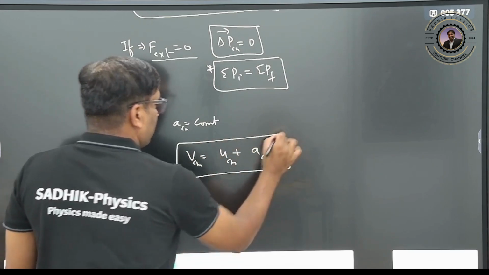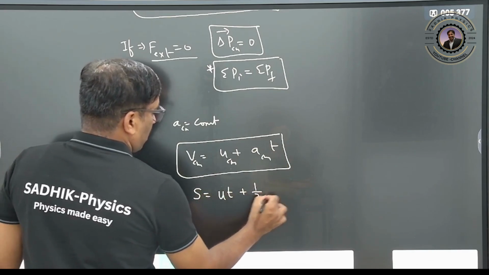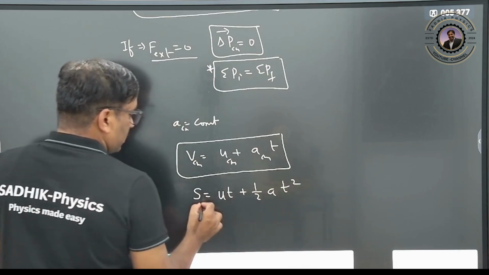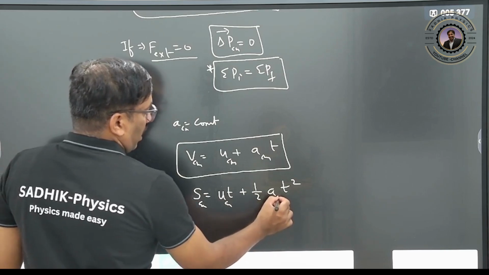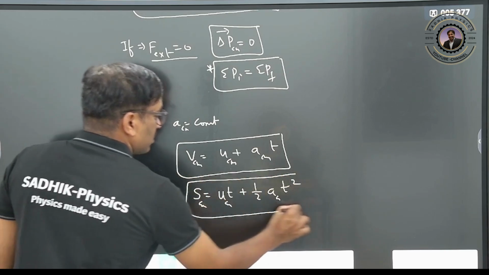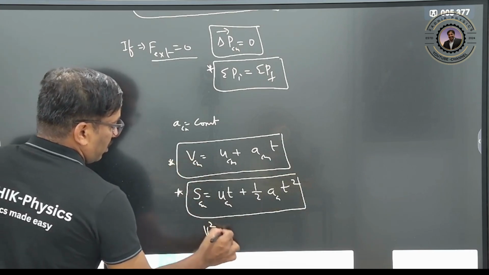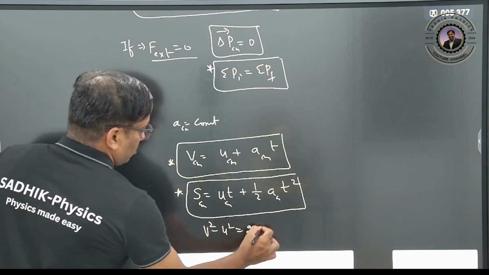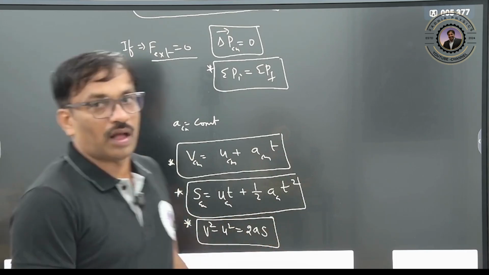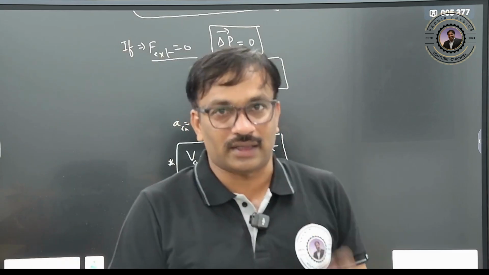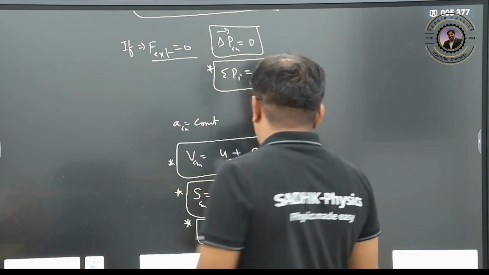You can rewrite it as s equals ut plus half at square, that is, the displacement of the center of mass, its initial velocity, and its acceleration. We can also use v square minus u square equals 2as. You can use all these equations, but all these equations are calculated at the center of mass only. So go through this concept, only these concepts are there.